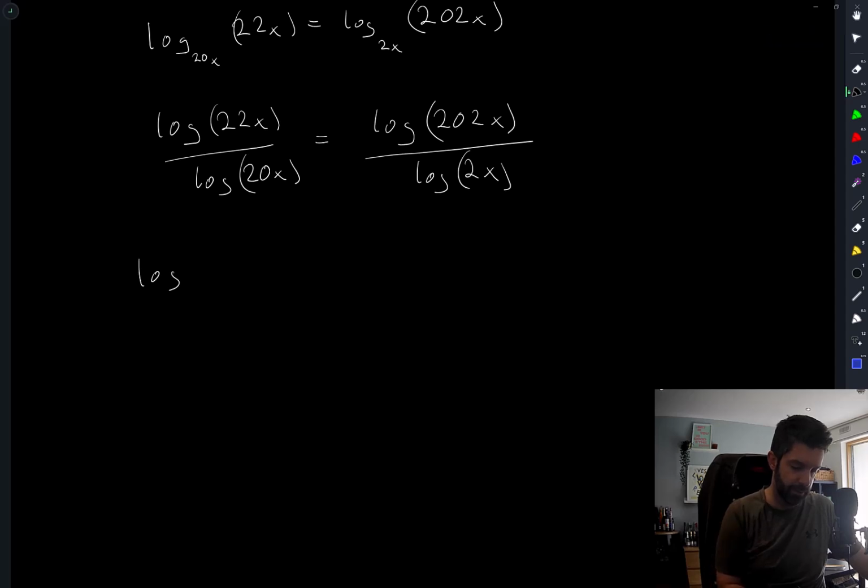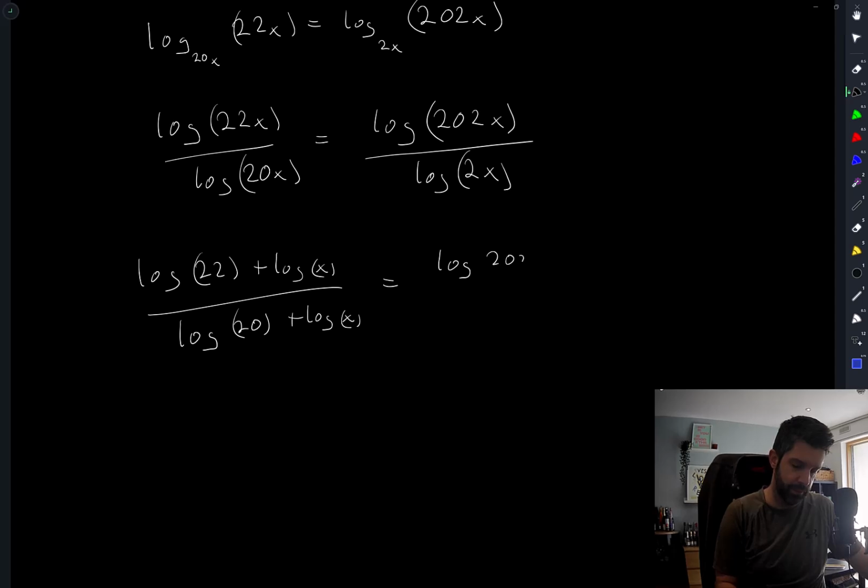So here we have log of 22 plus log of x divided by log of 20 plus log x is equal to log of 202 plus log x divided by log 2 plus log x.